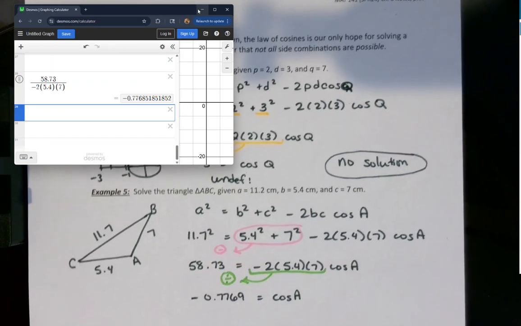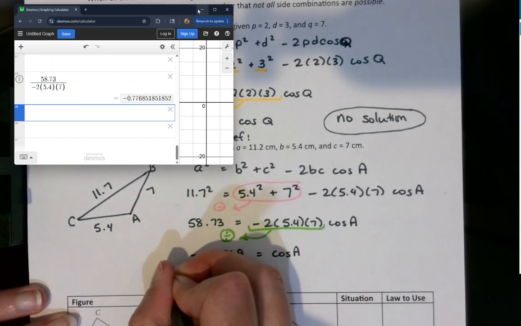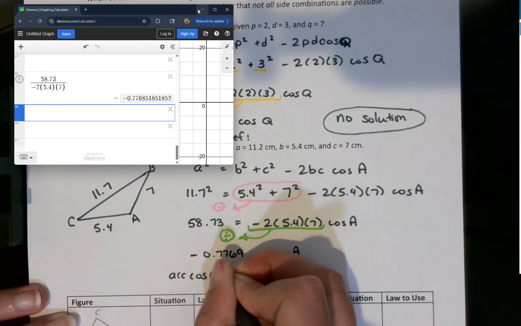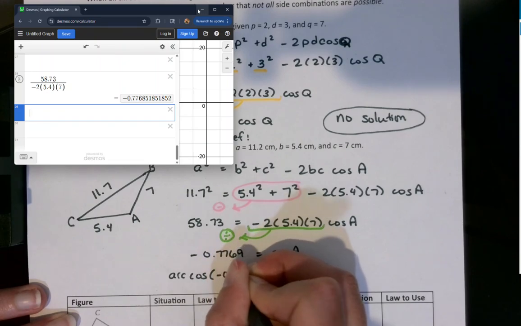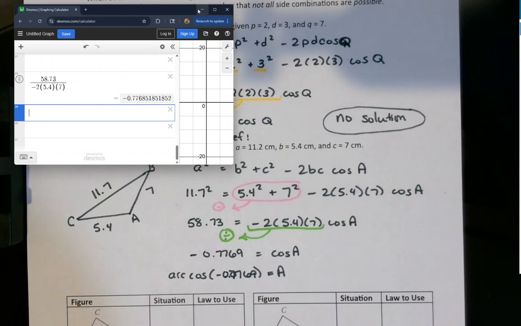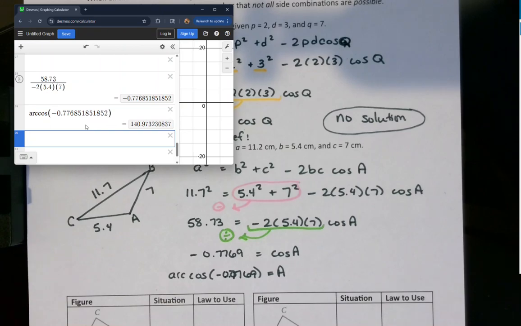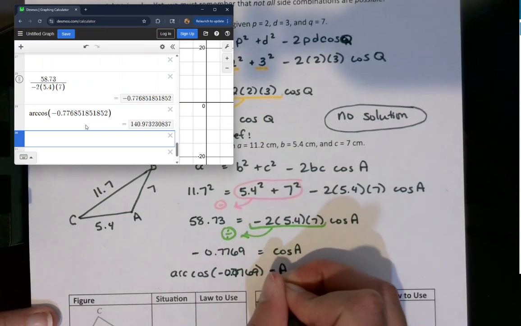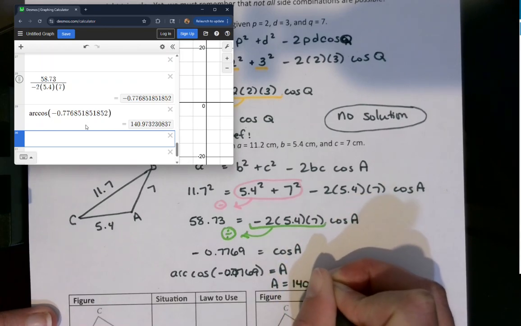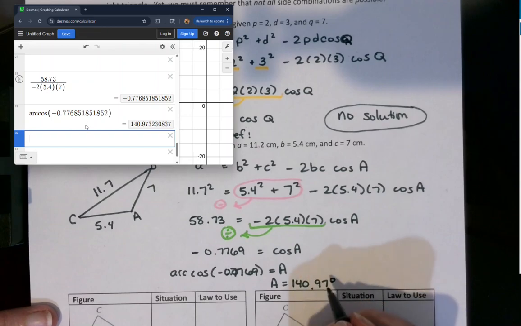We're going to take the arc cosine of both sides. So we'll need arc cosine of negative 0.7769 for A. Arc cosine of, let me copy this number, gives us an angle for A of 140.97 degrees.